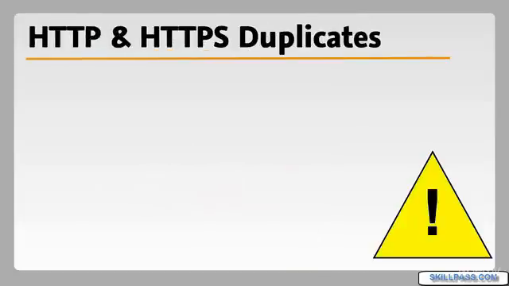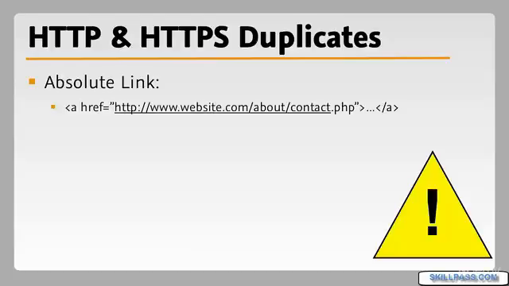Now, the difference with HTTP and HTTPS. HTTP is the typical protocol that we see in front of most web addresses. However, when you're on a secure site doing shopping or putting in any personal information or credit card information, that goes into a secure site for the server. Now, this also comes about when you start getting, I think, a little lazy in your linking.